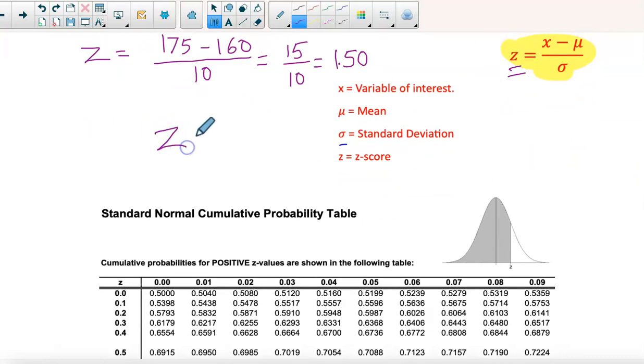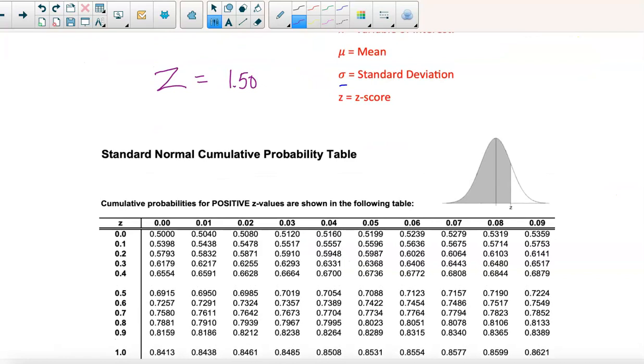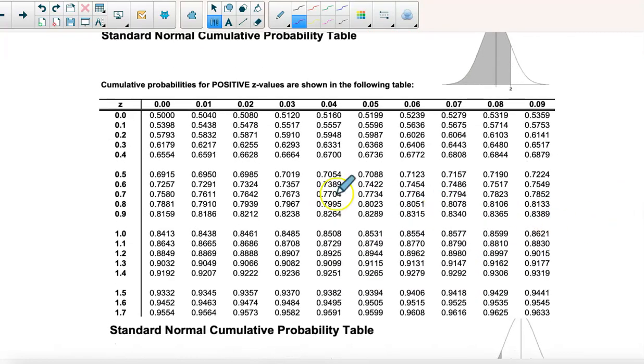Now that z-score corresponds to what probability? We have to find it from this cumulative probability table, right? It is 1.50. See, I have my z chart here. It is starting from 0, positive values on one page, negatives on the other side. Here I just snipped a part of the chart. You see this is 0.0, etc., 1.0, 1.5.